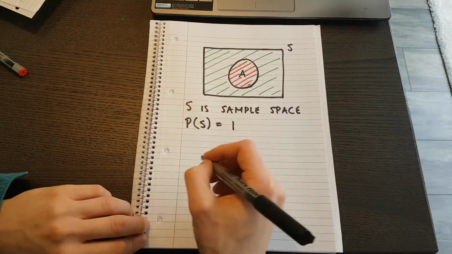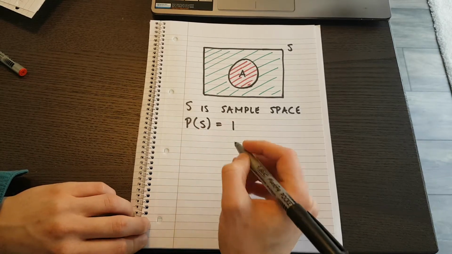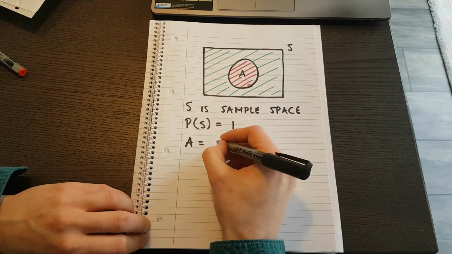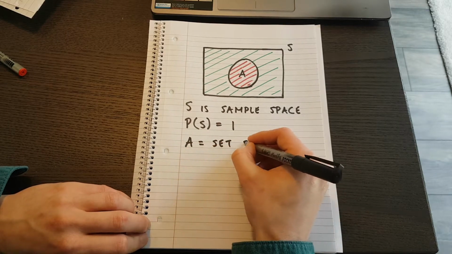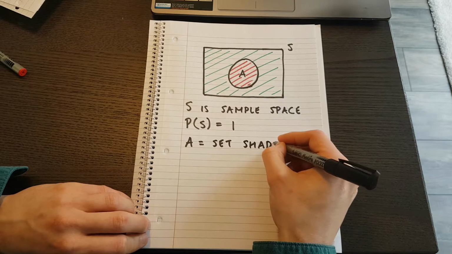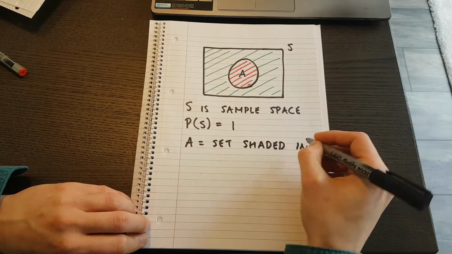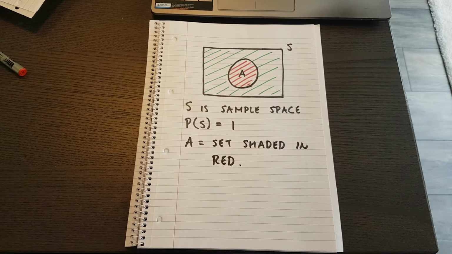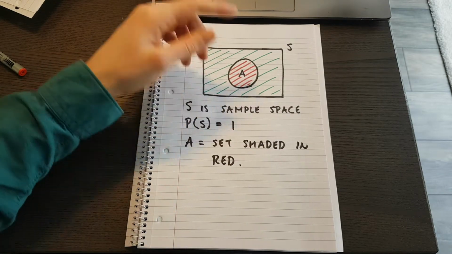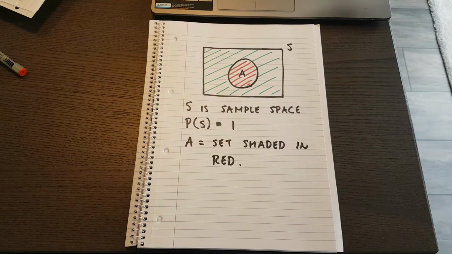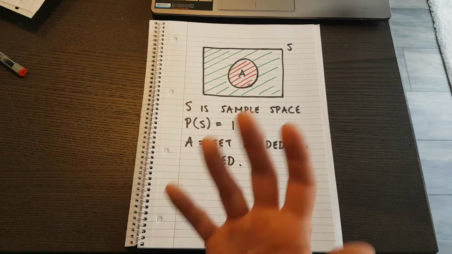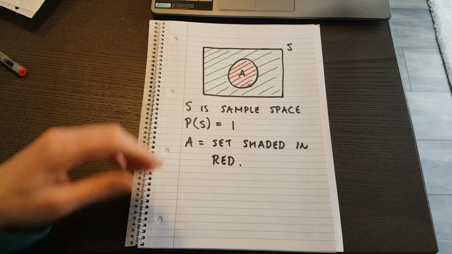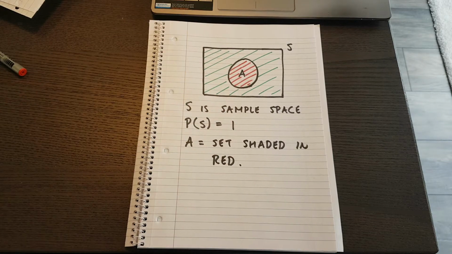So A is the red area, the set shaded in red. A is the situation where this set is the set of all possible outcomes where A occurs. Then what is the green area?